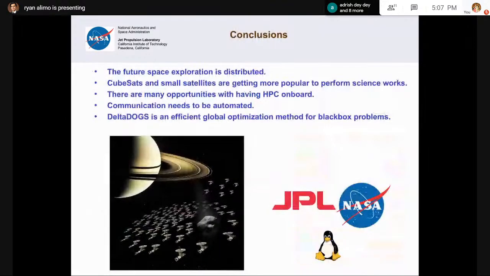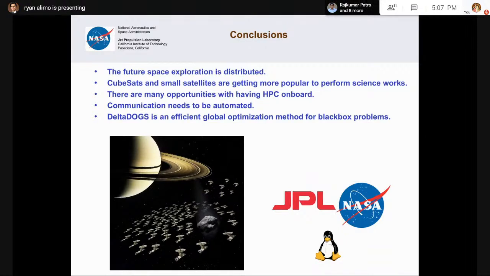So the conclusion is the future of space is distributed. CubeSats and small satellites are getting more popular to perform the science work that we have. There are many opportunities in using high performance computing like edge TPUs, right? Snapdragon, the NVIDIA and Intel, right?